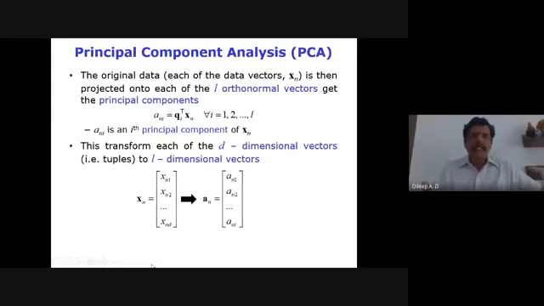So this is the basic idea in principal component analysis. Now the question arises: how do you identify these basis vectors? That's the first question to be addressed. The second question is, out of D, how do you choose which L directions to be considered? These are the two questions to be addressed.